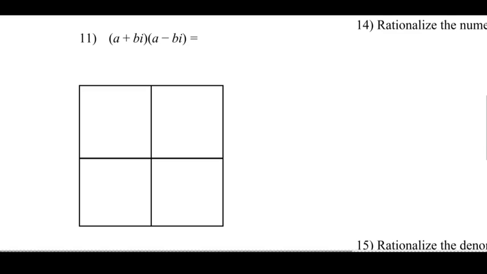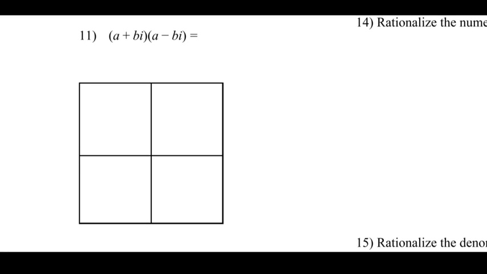Here's why. So let's generalize this. In general, if we have a plus bi times a minus bi, the two terms in the middle will always add up to 0. Let's verify. Top left corner, a times a is a squared. Top right corner, a times b, I'm going to write it as just ab, and then times an i.